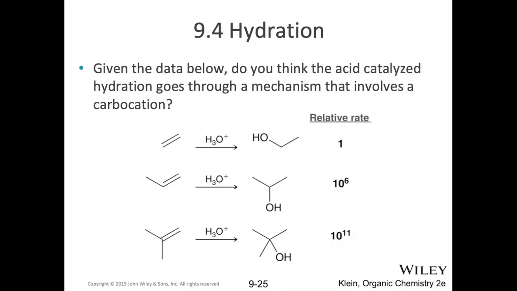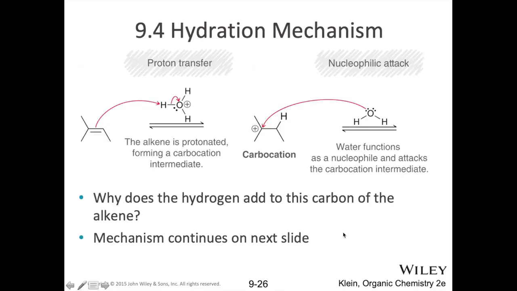If we look at the substitutions on our carbon, notice that the more substituted the carbon that gets the alcohol group, the faster the rate. So that should tell you that this probably goes through a carbocation, right? Because clearly this tertiary carbocation was stable enough to really rapidly increase the rate. So let's look at that mechanism.